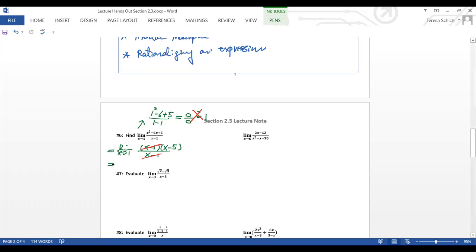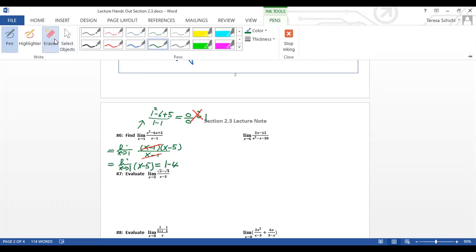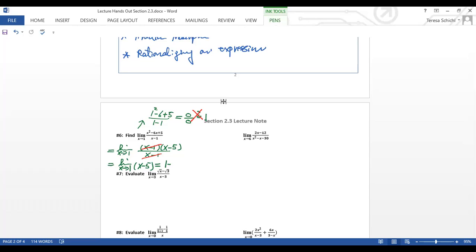And this is x approaches 1. Then this is x minus 5. So now x equal to 1 is inside the domain, right? So it will just be 1 minus 5. You substitute into whatever your function is. So 1 minus 5 is equal to -4.